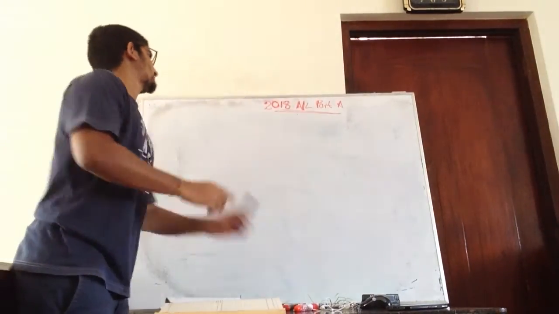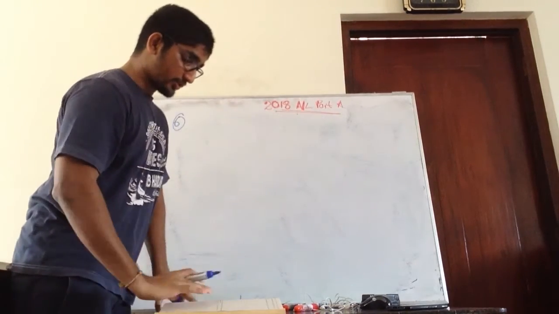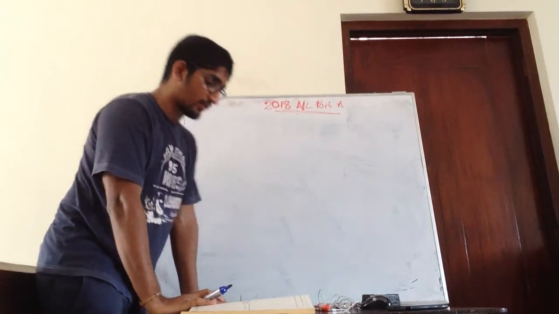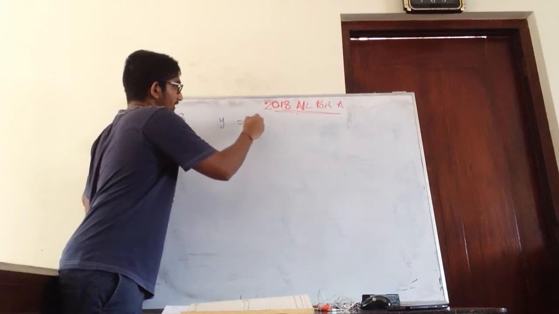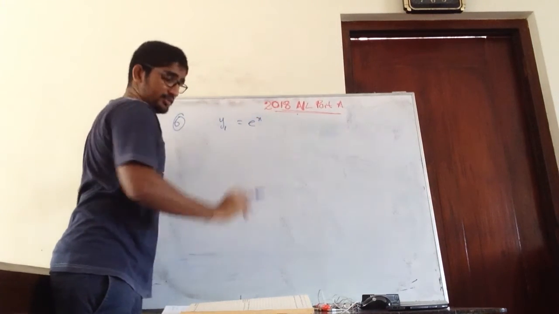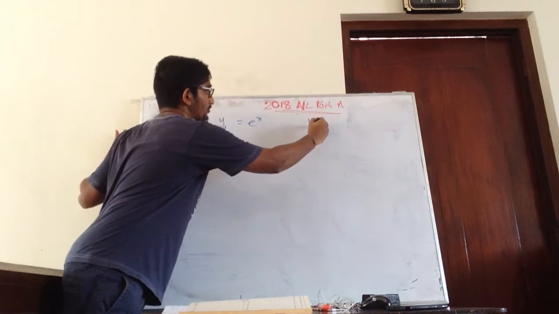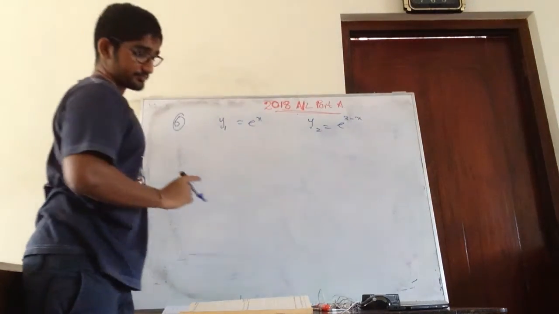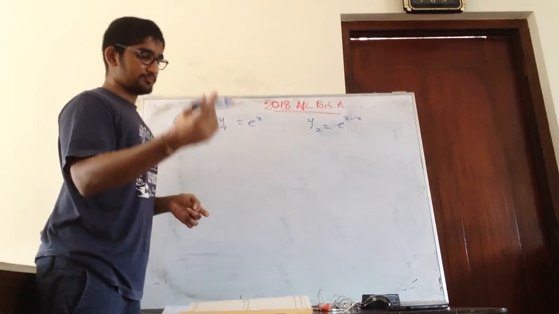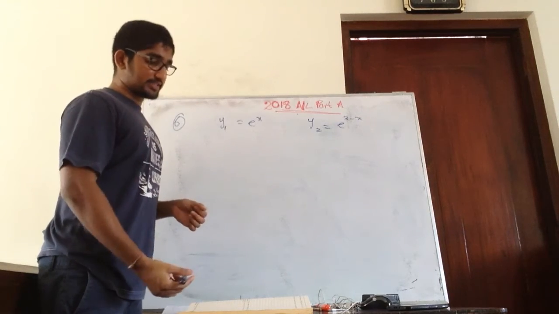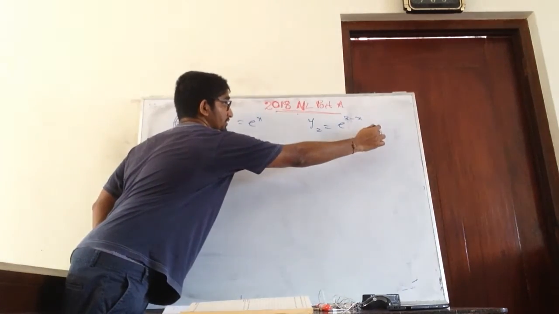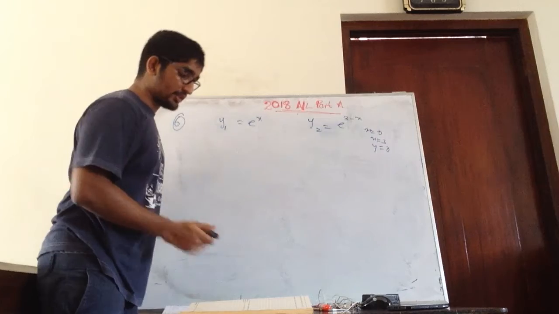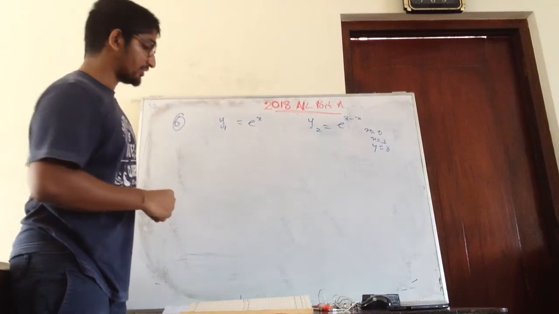Right. So question number 6. In question number 6 it says, show that the area of the region enclosed by the curves y equals e^x, so I'm going to name this as y1, y1 equals e^x, y2 equals e^(3 minus x), and x equals 0, x equals 3, y equals 0 is the given answer.